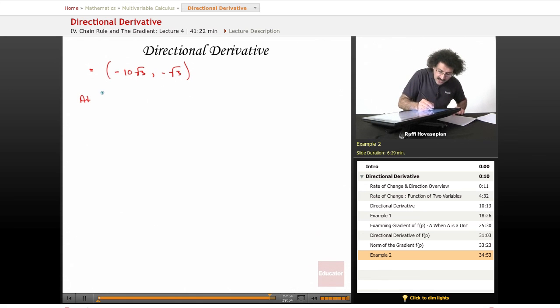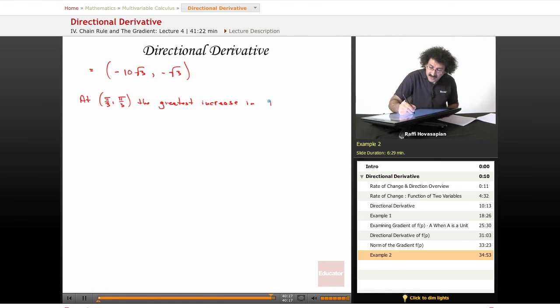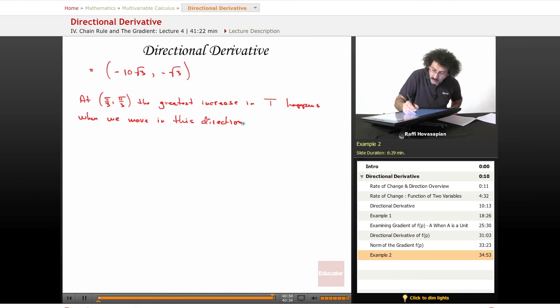Okay, so let's go ahead and write: at pi over 3, the greatest increase in T happens when we move in this direction.